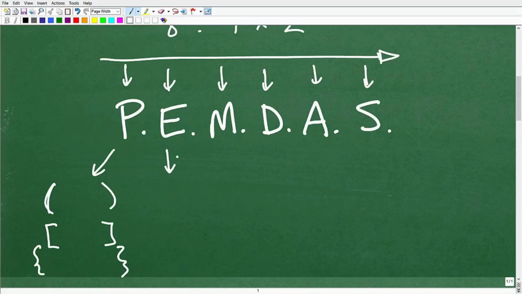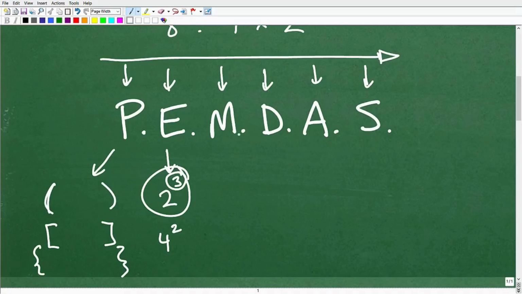Well, E stands for exponent. Think of it like this, 2 cubed. E is exponent, but really just think of E as powers. We're going to do any powers next, like 2 cubed or 4 squared, things like that. That's what E stands for.